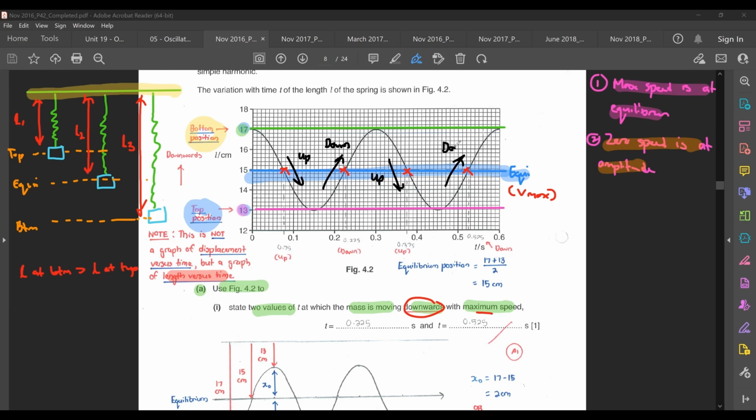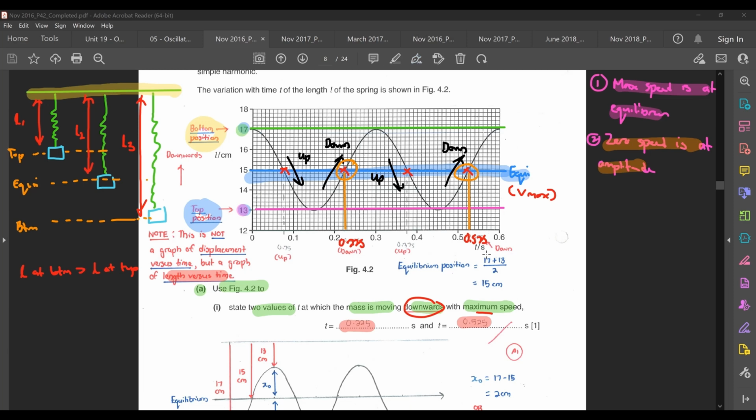This one is you moving down. So the one where you get maximum speed downwards is actually going to be this one. These are the times that you want to pick up. It's going to be 0.225 as well as 0.525. That's how you pick out the answer here. Okay, so that's for this part.